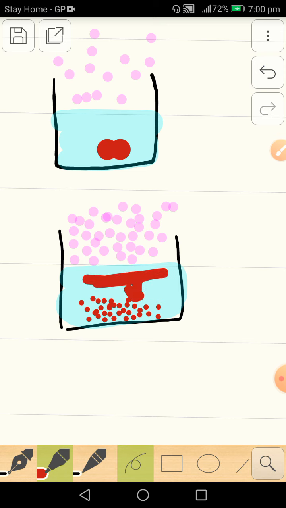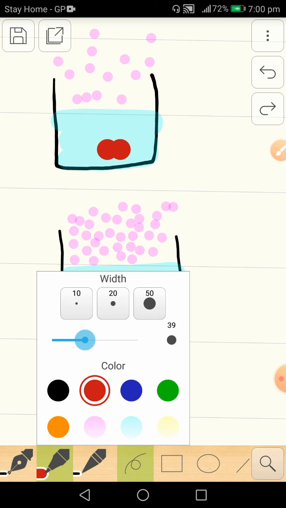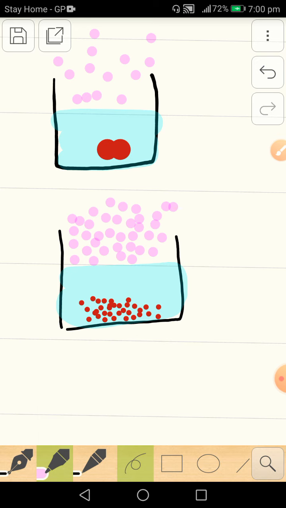But the amount of carbon dioxide finally produced would remain the same. Why? This is because we have used the same amount of reactants. The amount of product would depend on the amount of reactant. Please note it down.